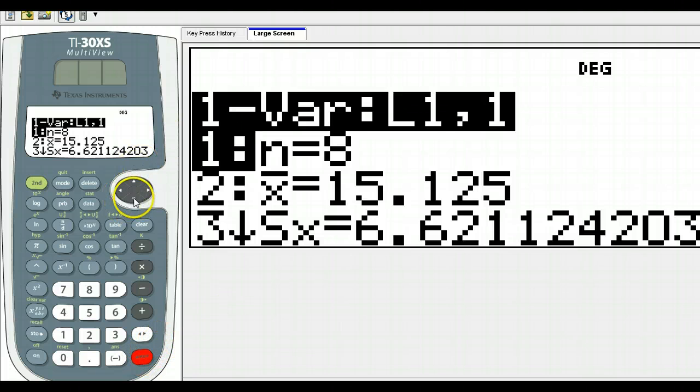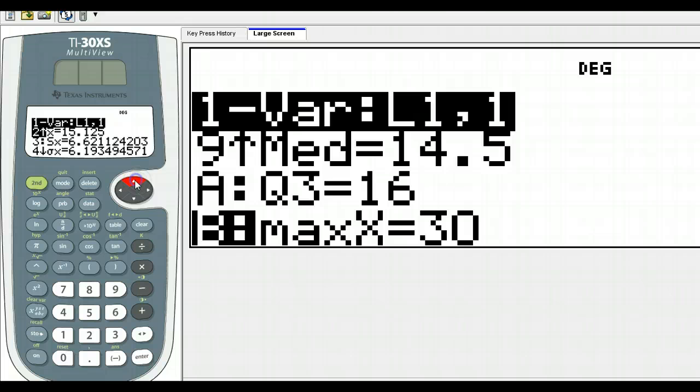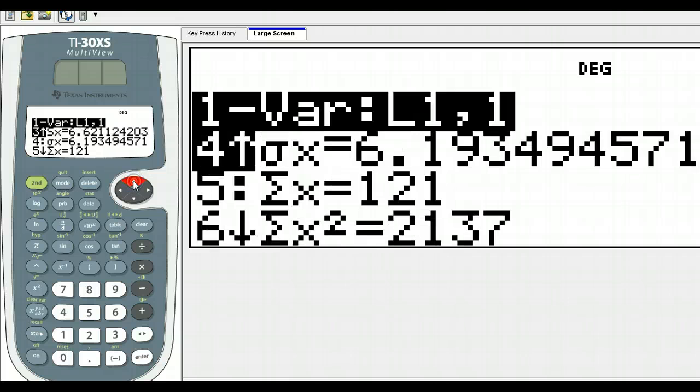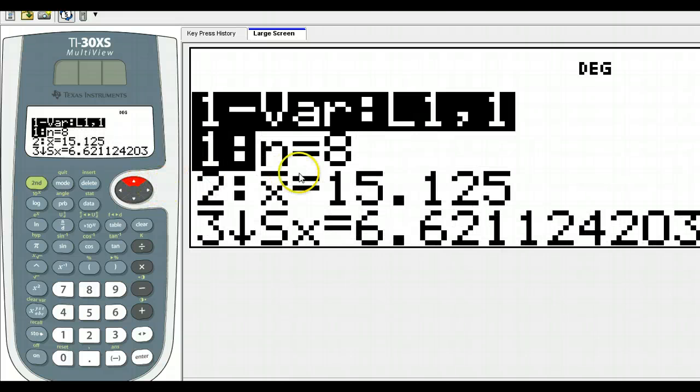Now, this is a list through which you can scroll. Let me just mention a couple of things. You've gone too far this time. This first item just tells us how many elements we have. All right, we have 8 numbers. Now, the second one is one of the things we need, x bar. X bar is the mean.